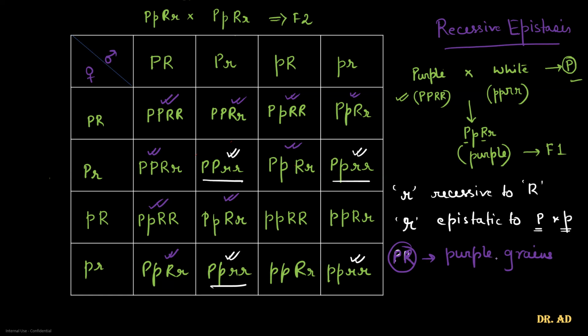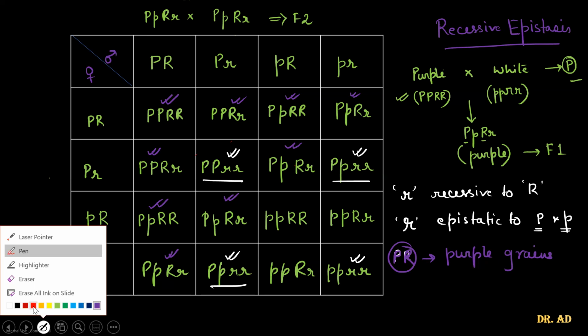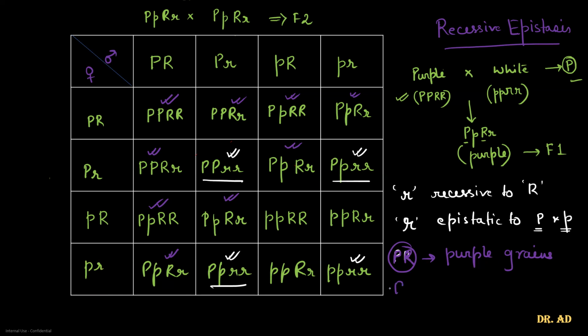And those with capital R and both small p will yield red grain color. Red grains. Okay. The epistatic allele r in homozygous condition will produce plants with white grains from small r, capital P and small r, small p genotypes.